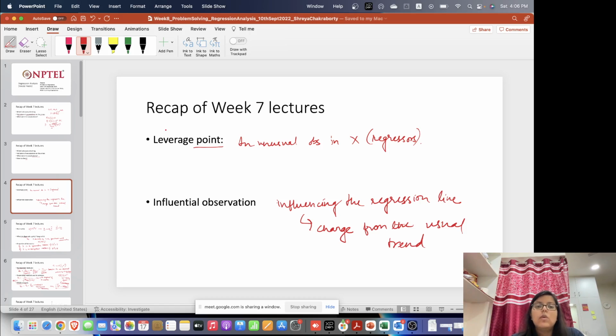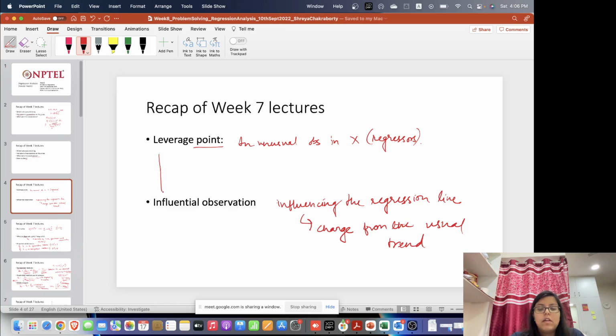We also learned about the leverage point. That was an unusual observation in X, that is the predictor or the regressor. And we also learned about influential observations, which influence the regression line and change the trend of the regression line.